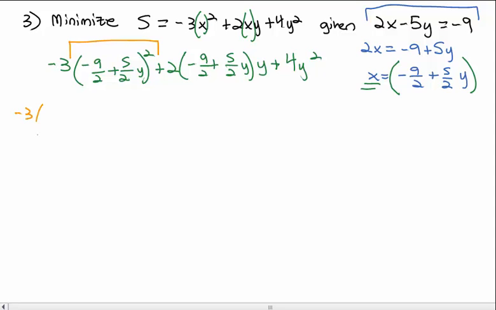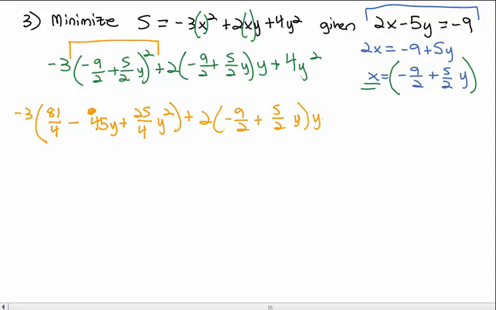We've got negative 3 times 81 fourths minus 90 halves, which comes out to 45. That's nice. No more fraction. Y plus 25 fourths y squared plus 2 times negative 9 halves plus 5 halves y times y plus 4y squared.